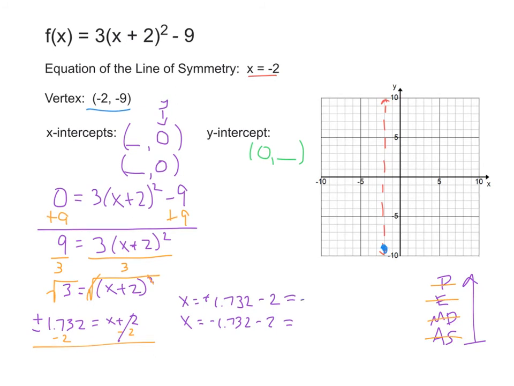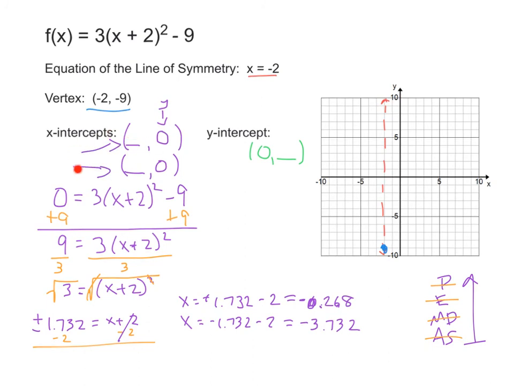Our first one is negative 0.268. Sorry, that's a little sloppy. And our second one's negative 3.732. So those are the values that I would write in these spaces right here.